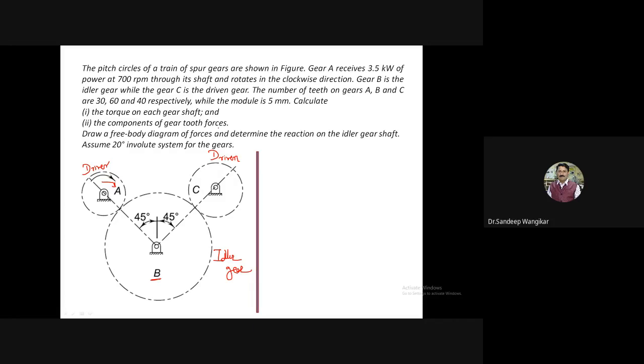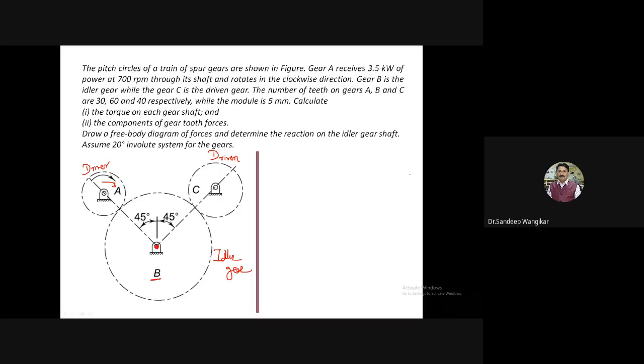Draw a free body diagram of forces and determine the reaction on idler gear shaft. We have to determine the reaction at this particular point, the idler gear shaft. Assume 20-degree involute system.